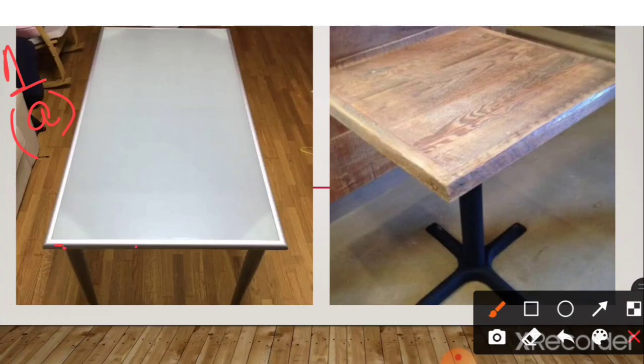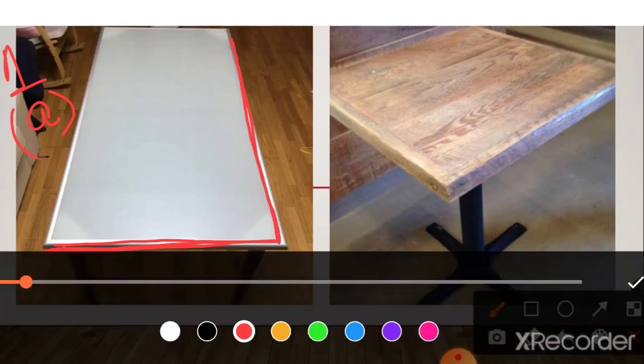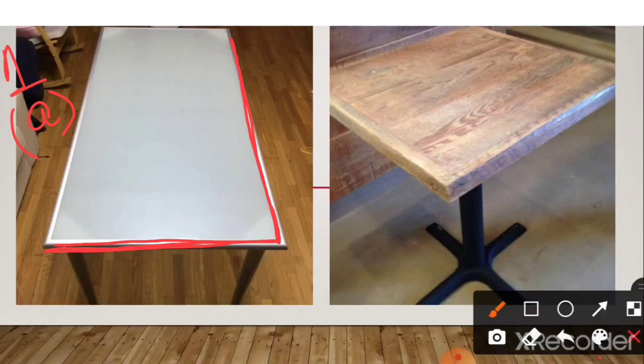If I take this edge, what is the adjacent edge of this tabletop? Here this one is the adjacent edge of the tabletop. Okay, right? So if I take another edge from this tabletop, if I take this edge, what is the adjacent edge to this tabletop? This is the adjacent edge of the tabletop.